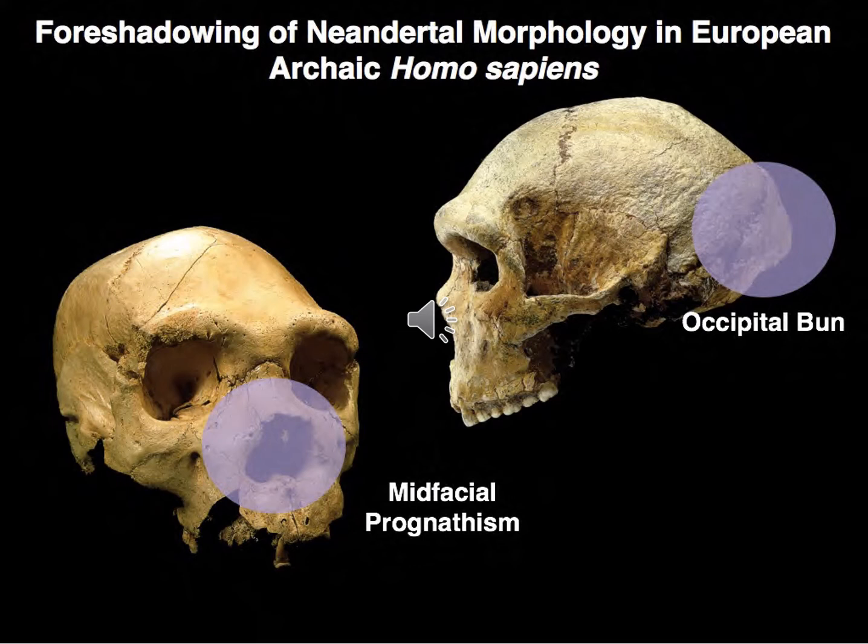So Neanderthals have an occipital bun. Neanderthals also have midfacial prognathism. And you can see this on specimens in Europe here on the left and the right. And so we have a clear link of heidelbergensis evolving into Neanderthals in Europe based on the fossil record.